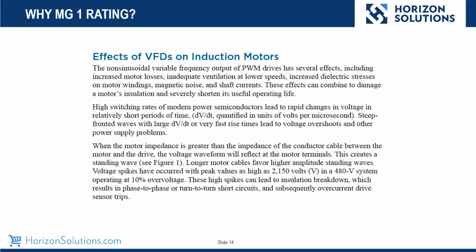So we sort of look at this and we say, all right, I'm going to send it out and get my motor evaluated by an ESA shop, and they come back and they tell me that I've got a phase-to-phase short. And it's basically because of all the insulation breakdown that's happened due to some of the mismatches in impedance. Next slide.